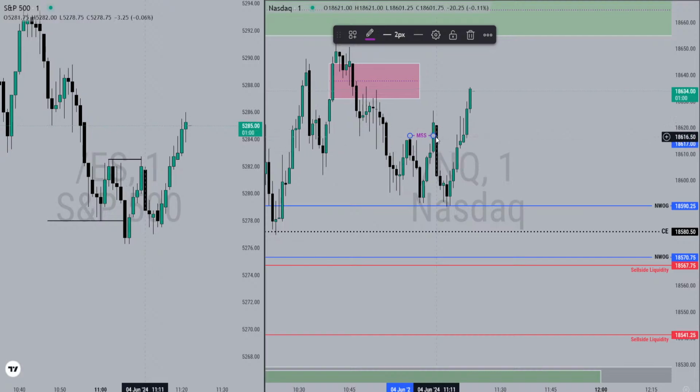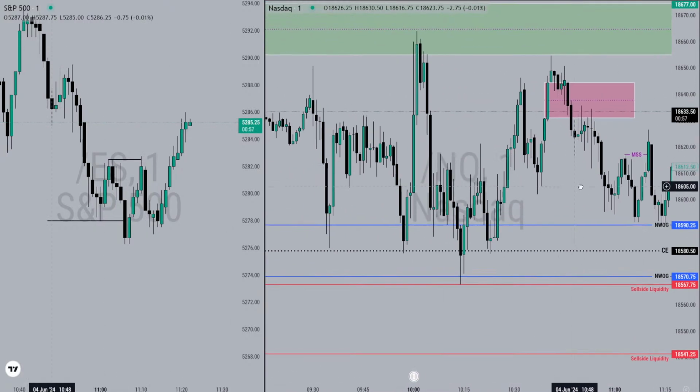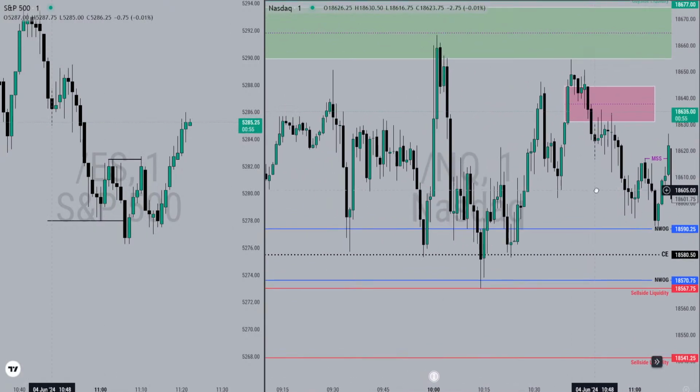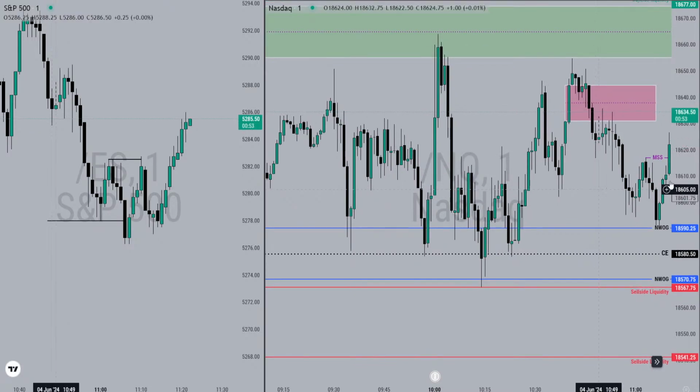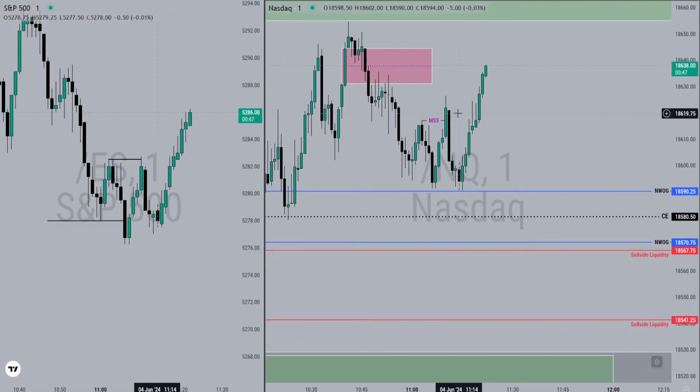Let me show you. There you get your market structure shift around 11:10. That is the 11:10 candle. If this candle was created at 11:11, I wouldn't go for that trade. It is very strict. You can take entry after 11:10, no problem.